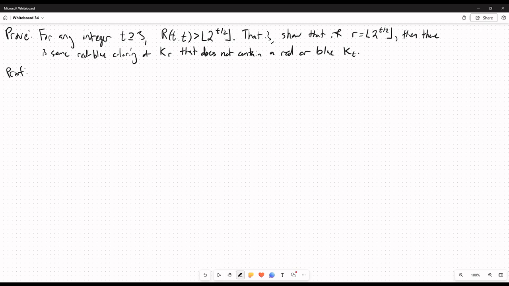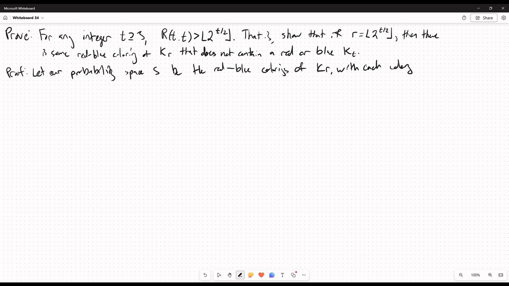So recall we're going to let our probability space S be the red-blue colorings of Kr, with each coloring appearing with equal probability.